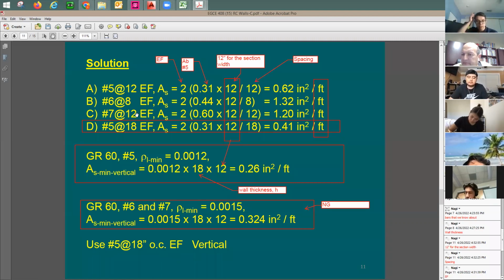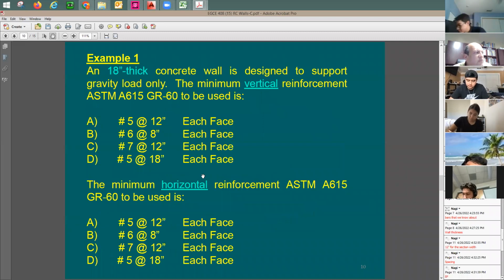Now I'm done. In this problem, the question was only about what is the minimum vertical reinforcement ratio, given that no loads were given to me. No one gave me any loads. All they ask is how much is the minimum design. That's it. Provided that no loading is given yet, what I'm trying to satisfy here is one code issue, which is a minimum reinforcement ratio.